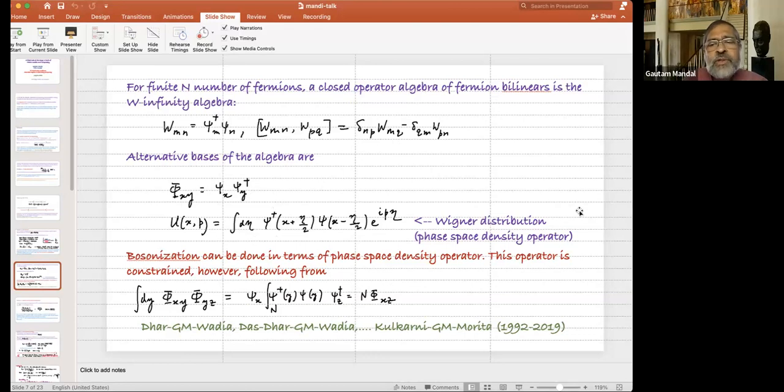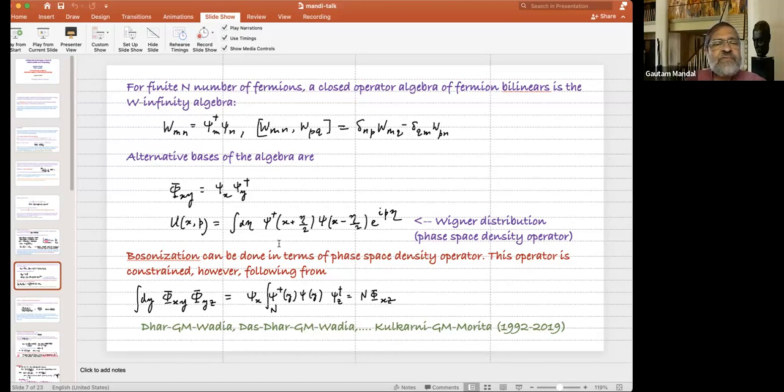Although the position space density operator does not close onto itself under operator commutation relations, the phase space density operator does. And so you can have some version of non-abelian bosonization of the non-relativistic fermion system in terms of the phase space density operator.